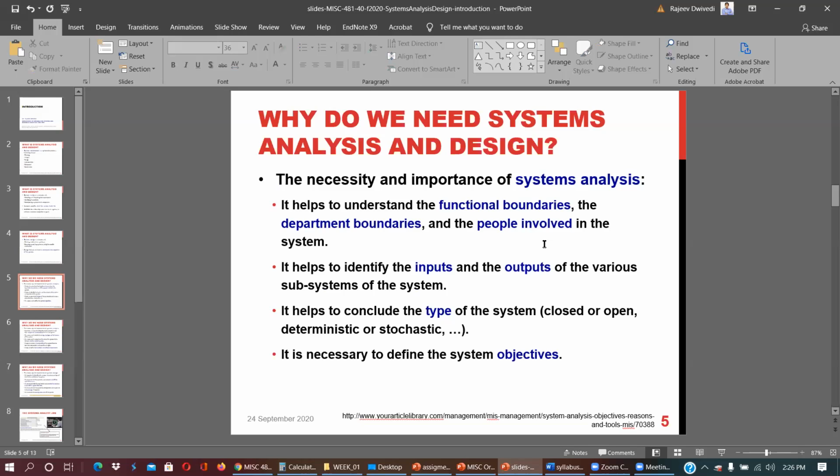Why do we need systems analysis and design? Here are the necessity and importance of system analysis. It helps to understand the functional boundaries, the department boundaries, and the people involved in the system. It helps to identify the inputs and outputs of the various subsystems. It helps to conclude the type of system: closed, open, deterministic, or stochastic. It is necessary to define the system's objective.